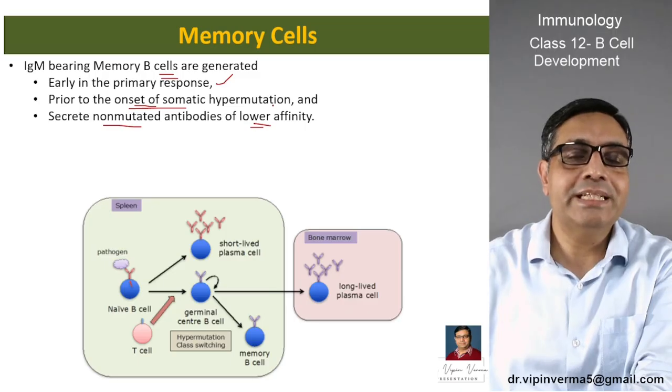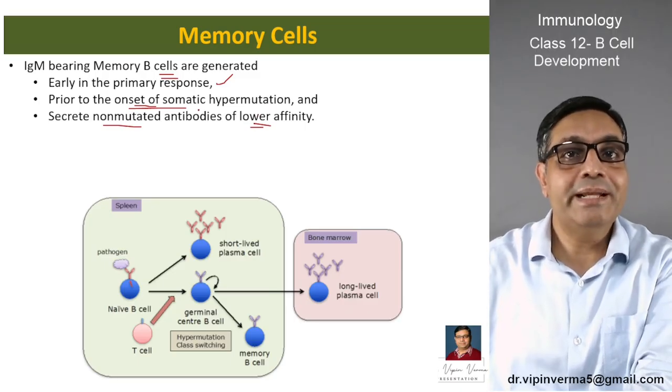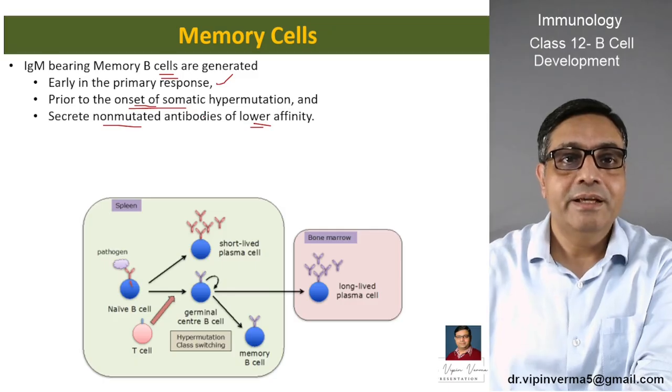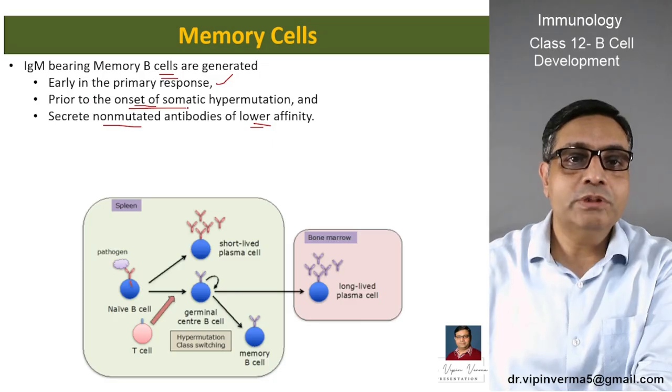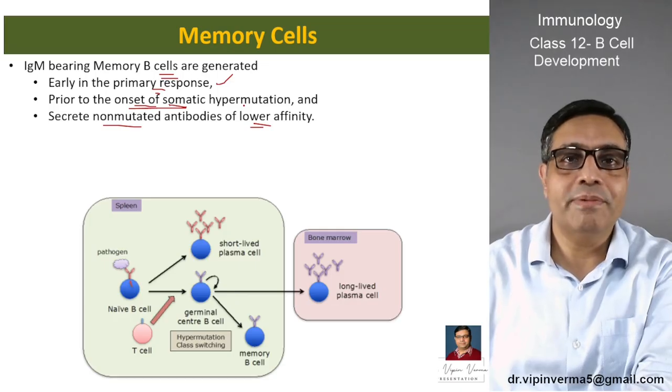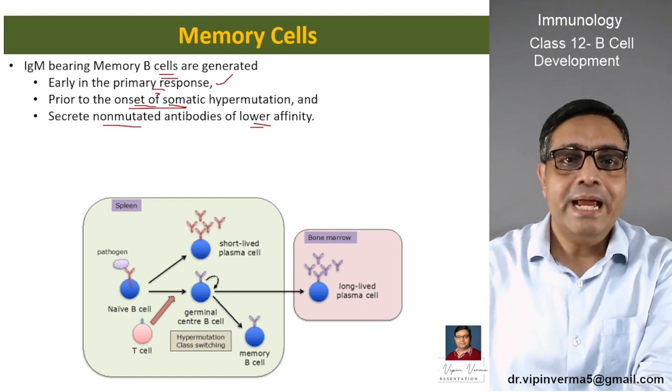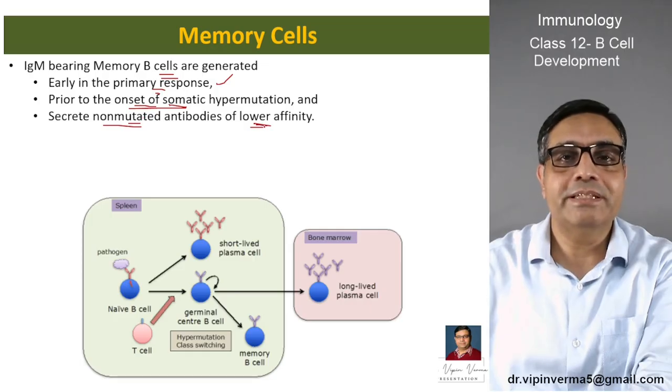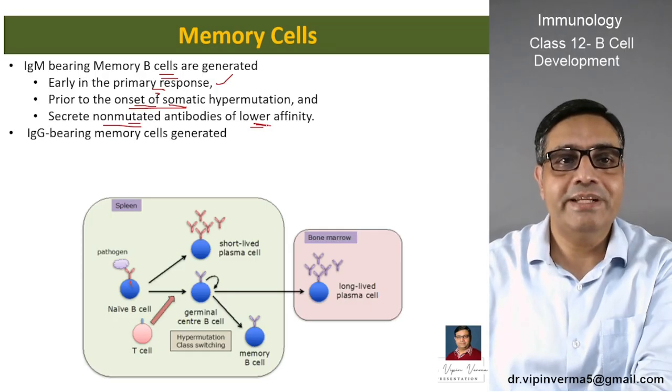So these are the memory cells which remain original in the chain, because they are formed prior to the onset of somatic hypermutation, early in the primary response. As we go towards the late response, somatic hypermutation will take place, and therefore these memory cells will not form. They secrete non-mutated antibodies of lower affinity, so that means affinity maturation has not been achieved yet.